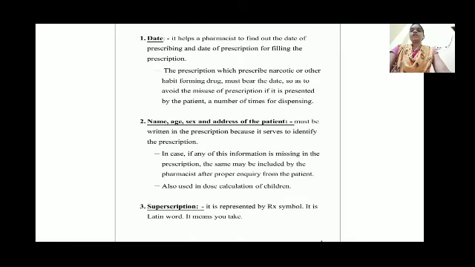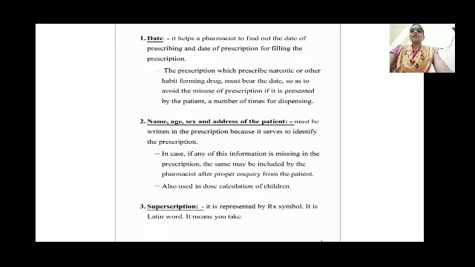So the date helps the pharmacist to find out the prescription date, and it helps to avoid the misuse of a prescription. If the prescriber records a date, it avoids misuse of the prescription.